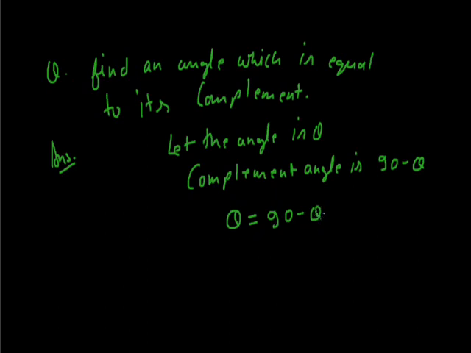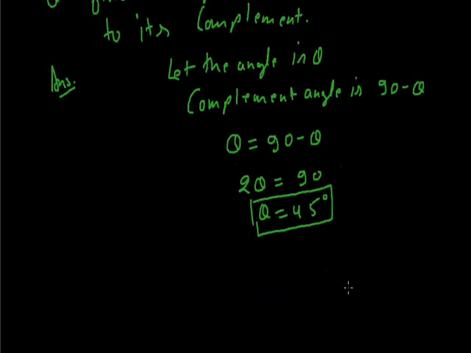So 2 theta equals 90 degree, or theta equals 45 degree. So our required answer is 45 degree. So 45 degree is an angle whose complement is also 45 degree, that is the angle itself.